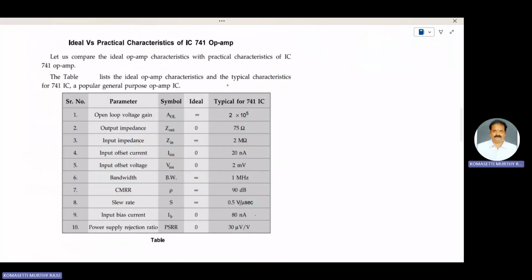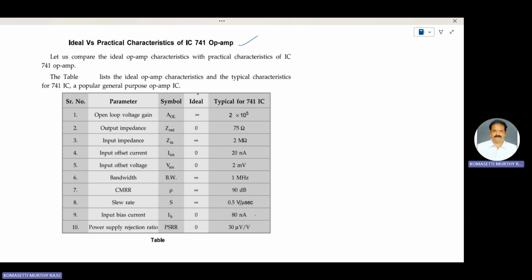Ideal versus practical characteristics of the IC 741 op-amp. These are some parameters of the operational amplifier: open loop voltage gain, output impedance, input offset current, input offset voltage, bandwidth, CMRR (common mode rejection ratio), slew rate, input bias current, and power supply rejection ratio.